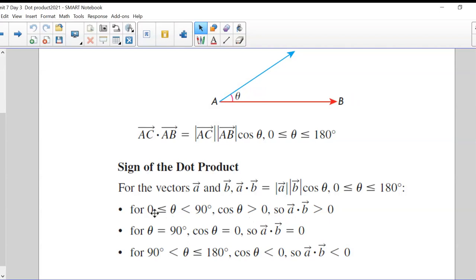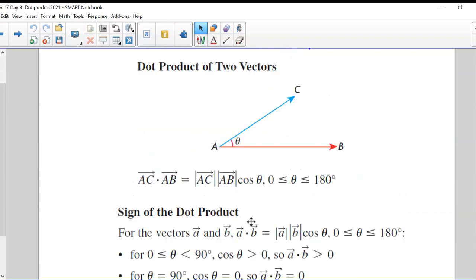So as long as the angle is acute, between 0 and 90, your dot product will be positive. If the angle is exactly equal to 90, then your dot product is going to be 0. And why is that? Because the cosine of 90 is 0. So 0 times anything gives you 0. If your angle between the two vectors is an obtuse angle, so between 90 and 180, which is when cosine becomes negative, then your dot product will also be negative. All right, so those are the signs of the dot product.